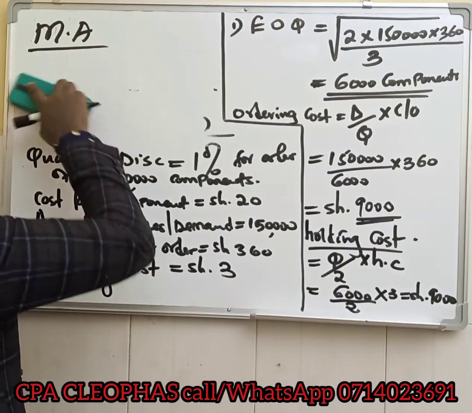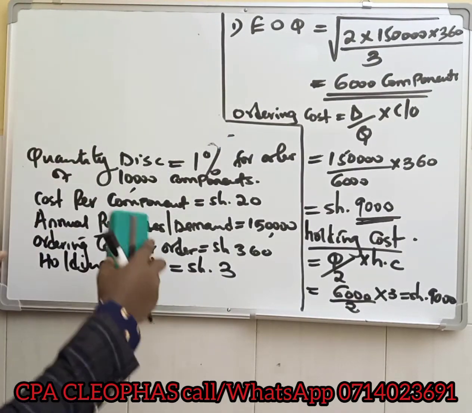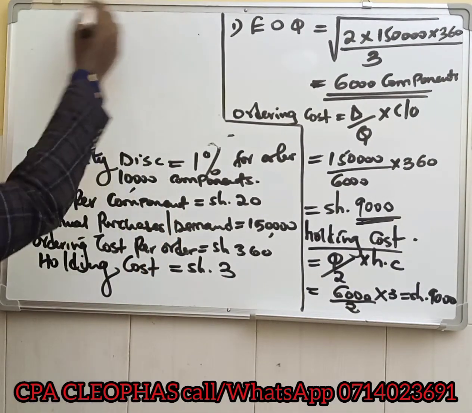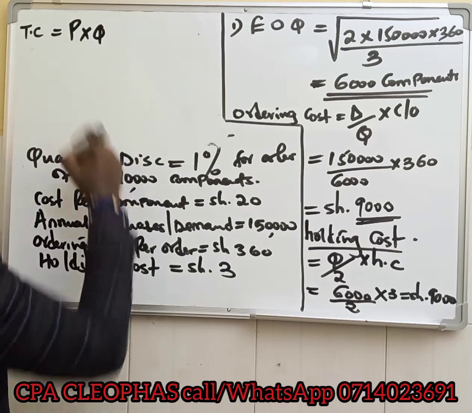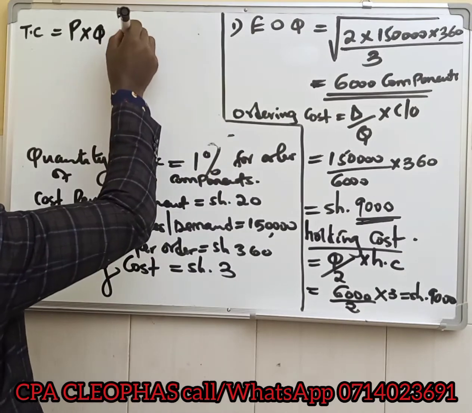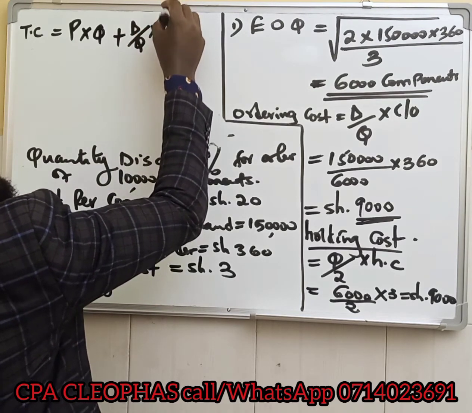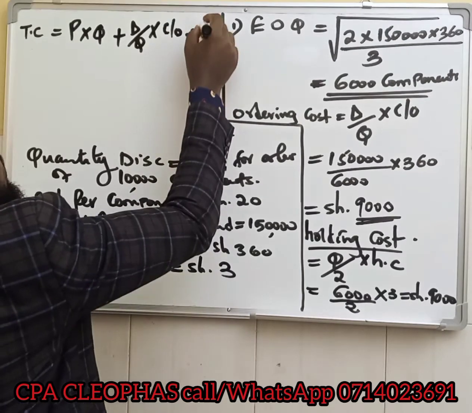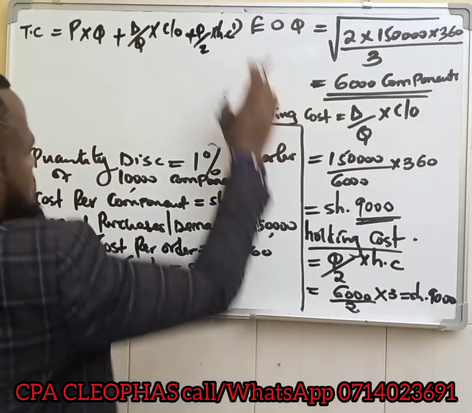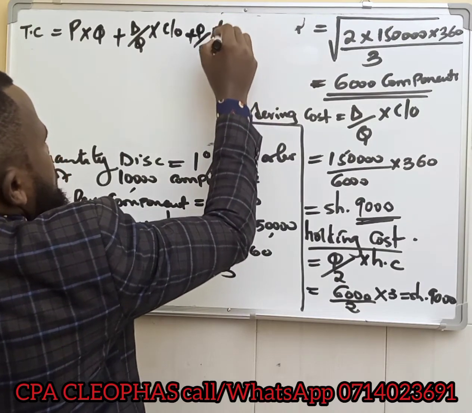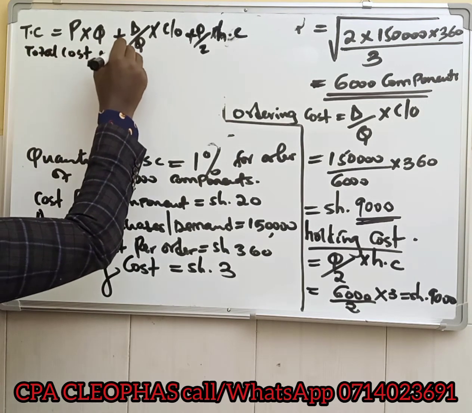So we have total cost, which is equal to the purchase cost, which is the price times the quantity purchased, plus the ordering cost, D over Q times CO, plus the holding cost, Q over 2 times HC.